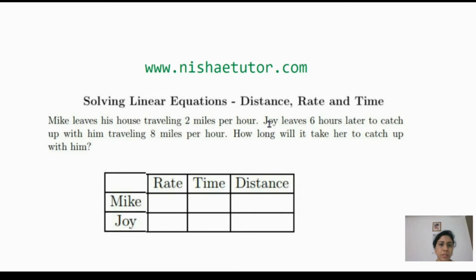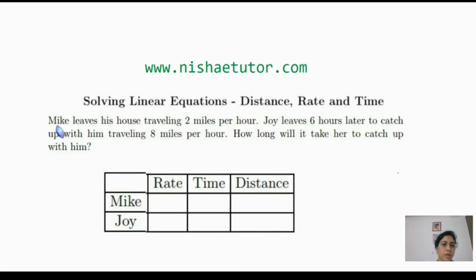Here, a slower person has a head start, and the faster person is trying to catch up with him. And we want to know how long it will take the fast person to do this. Our strategy for this problem will be to use t for the faster person's time and add the amount of time the head start was to get the slower person's time.